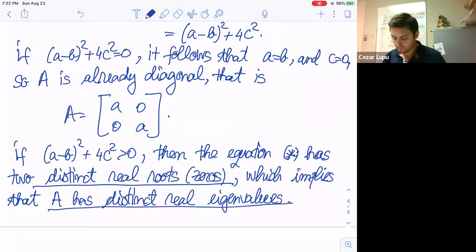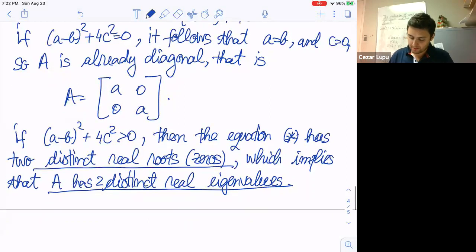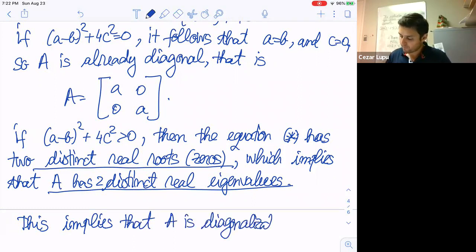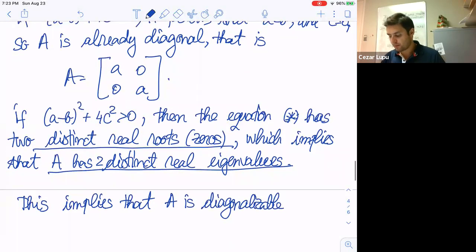Right? It has two distinct, let me be specific, real eigenvalues. Well, this implies that A is diagonalizable in this case as well.